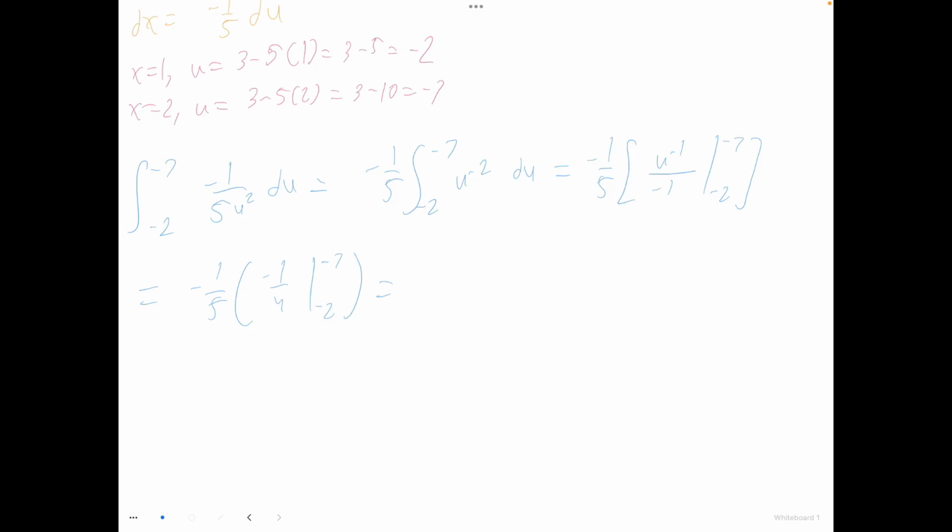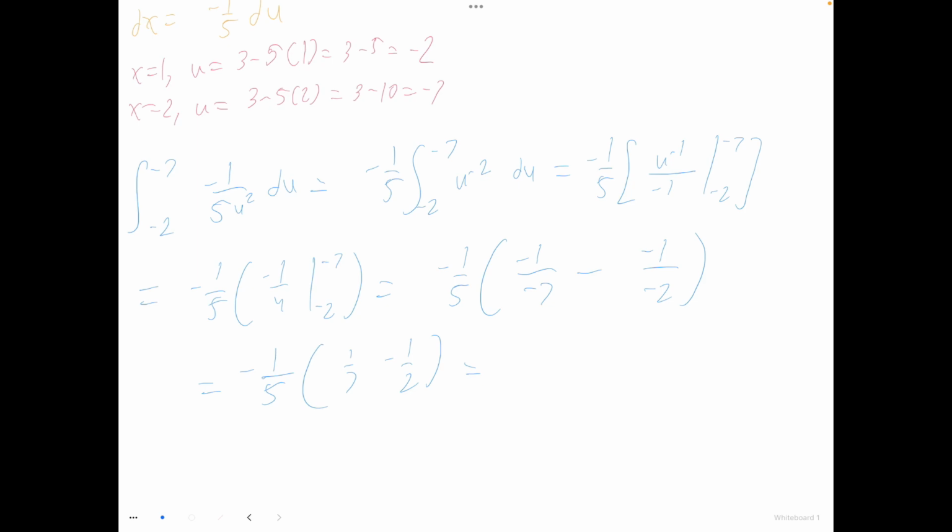Plugging in our bounds, we have negative 1/5 times negative 1 over negative 7 minus negative 1 over negative 2. So we have negative 1/5 times 1/7 minus 1/2.